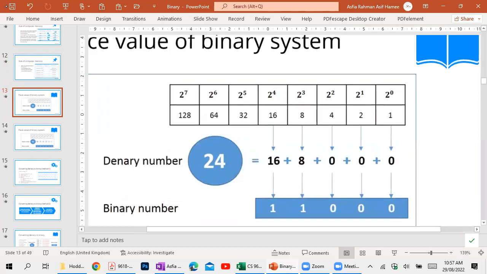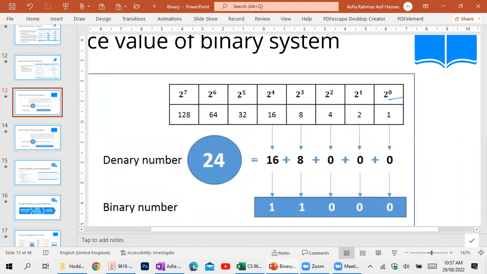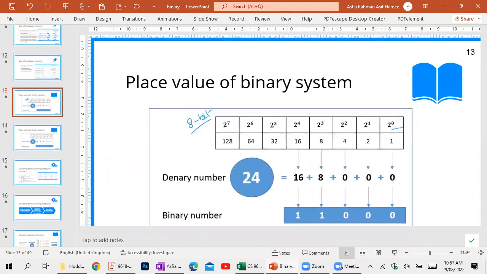Now, look at this. We have 2 power 0, the easiest way to write is base 2 power 0, 2 power 1, 2 power 2, 2 power 3. Once you keep practicing, it will be very easy to remember 1, 2, 4, 8, 16, 32, 64, and 128. This is the 8-bit system. This is what we'll be working with in this chapter, 8-bit combinations.